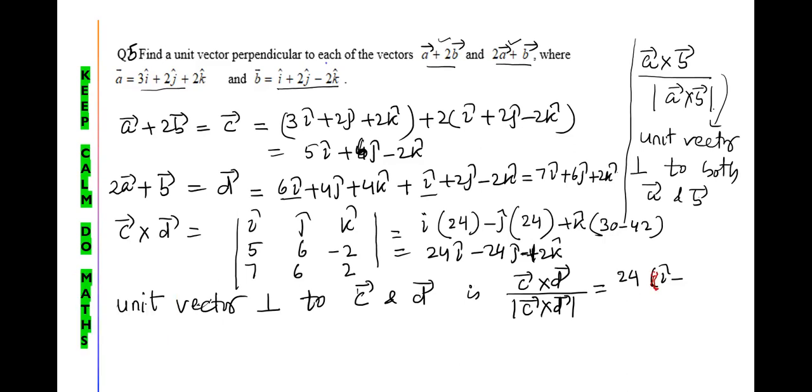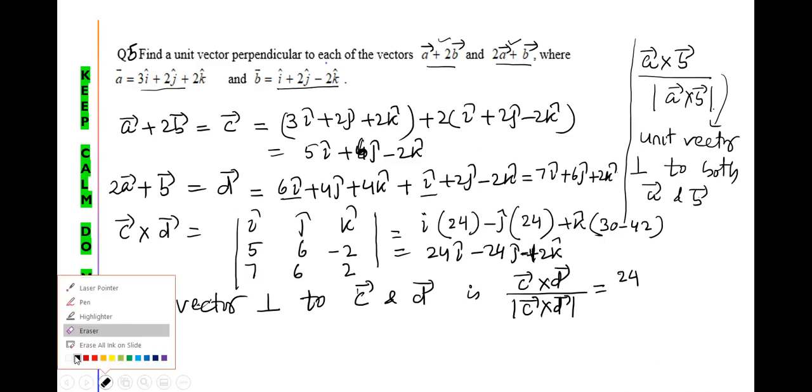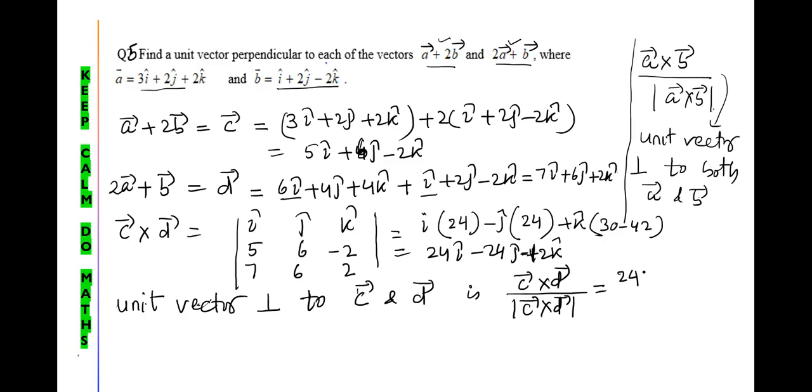We have 24i minus 24j minus 12k. In the denominator you have under root 576 plus 576 plus 144.